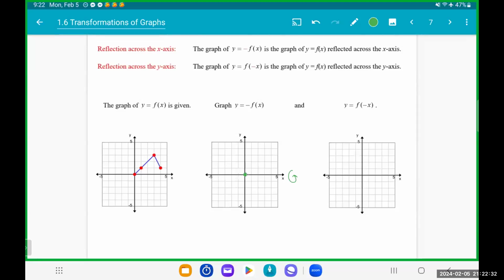Now I'm going to be at 1, -1. This one is 3, 3. Now I'm going to be at 3, -3. And this one is 4, 1. So now I'm going to be at 4, -1.